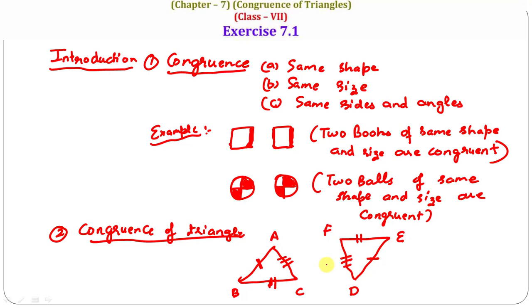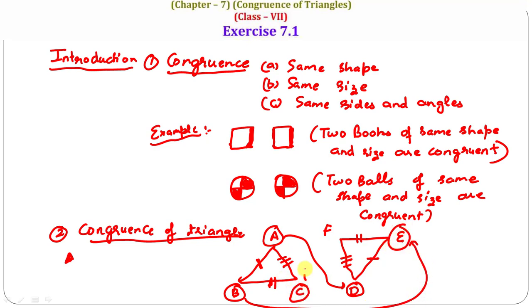So here side A is matched to D, B is matched to E, and C is matched to F. So triangle ABC is congruent.